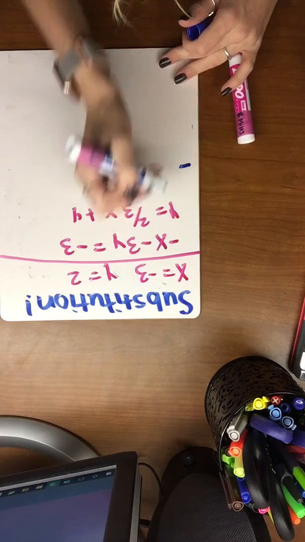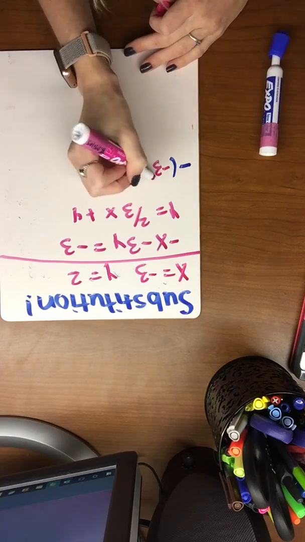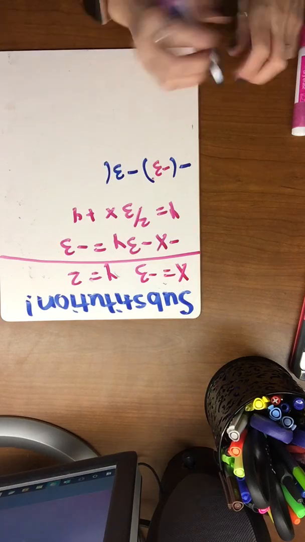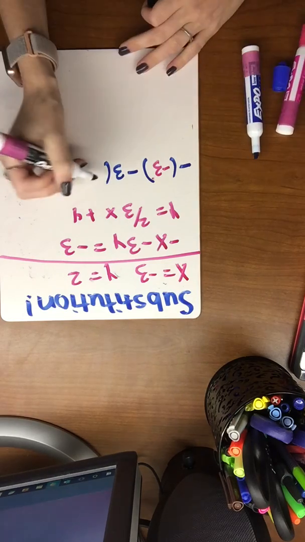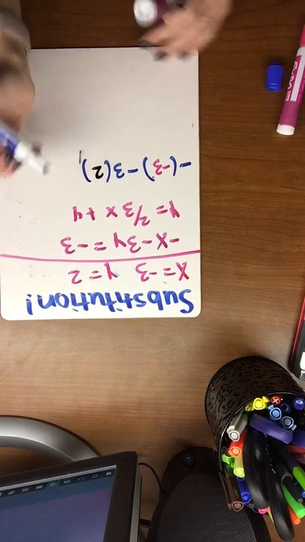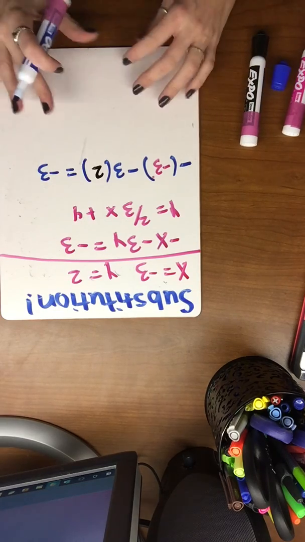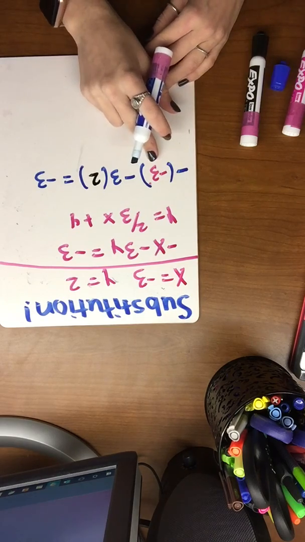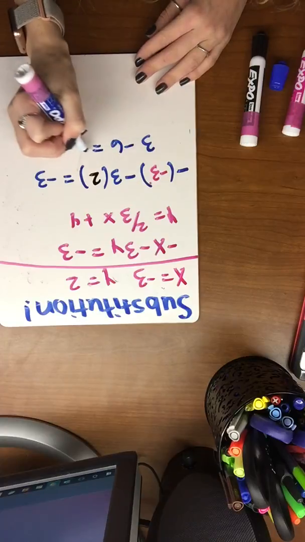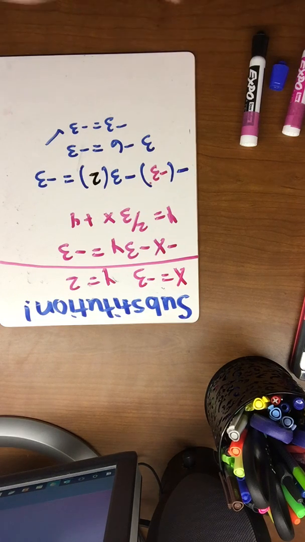Our x is -3, so we have negative times -3, minus 3 times our y, and our y is 2. And that all equals -3. Does this equal -3? Well, negative times -3 is +3. -3 times 2 is -6. Does that equal -3? You betcha. So that one's good.